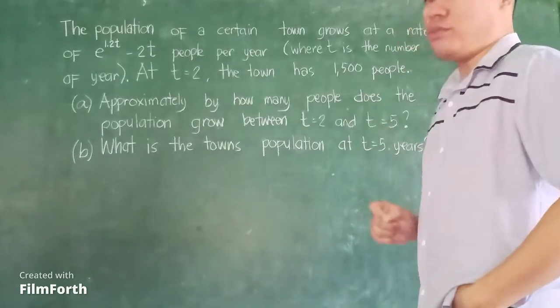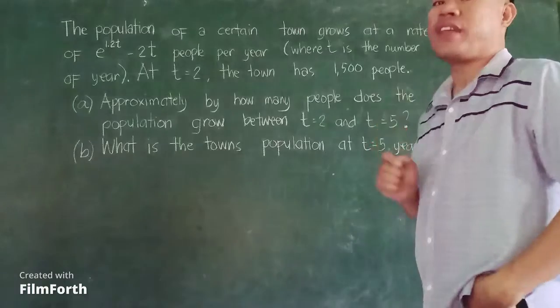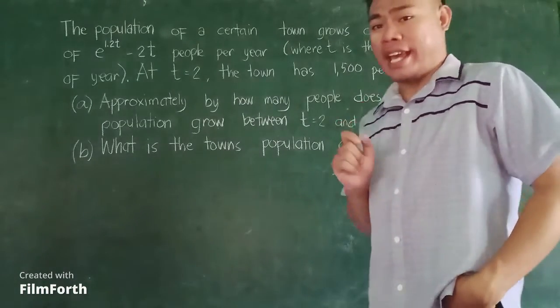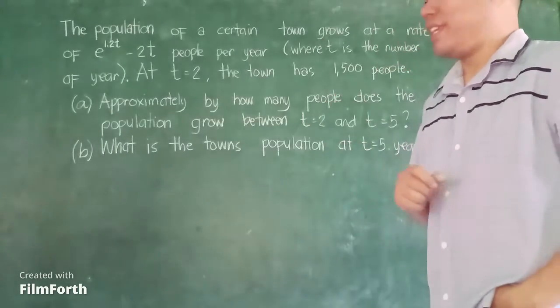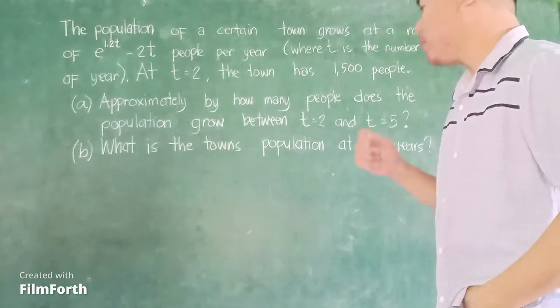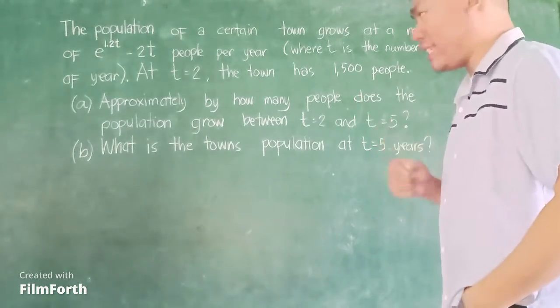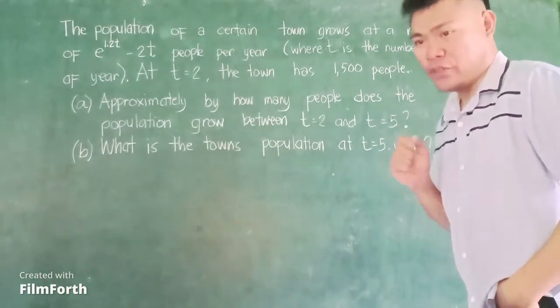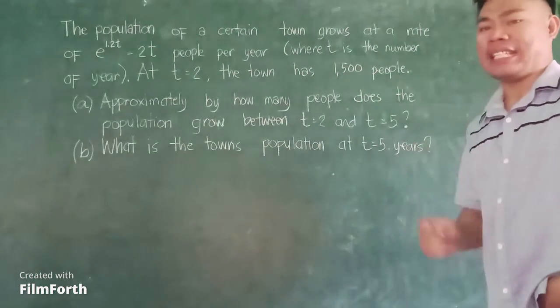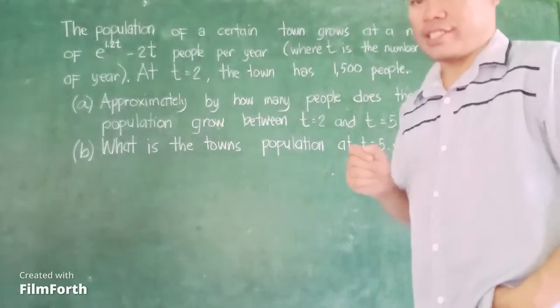At t equals 2, the town has 1,500 people. Question A, approximately by how many people does the population grow between t equals 2 and t equals 5? For question B, what is the town's population at t equals 5 years?